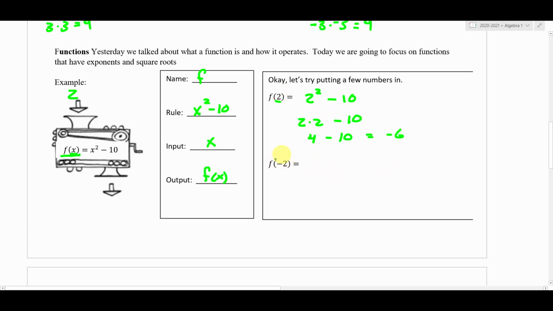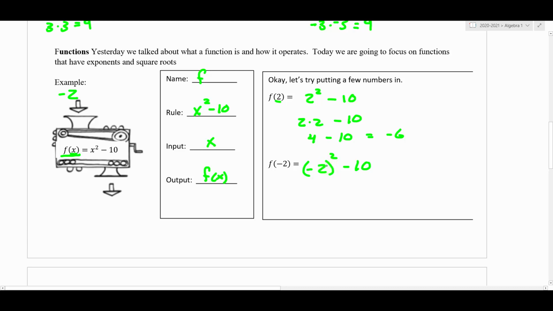And we're going to do this again, this time with a negative 2. So this time when I go to my machine, I'm putting a negative 2 into the machine. It goes in, it replaces the x, so I'll have negative 2, and I'm going to put a parenthesis around this, squared minus 10. And I'll explain why I put that parenthesis around it here in just a second. Let's do it by hand first.